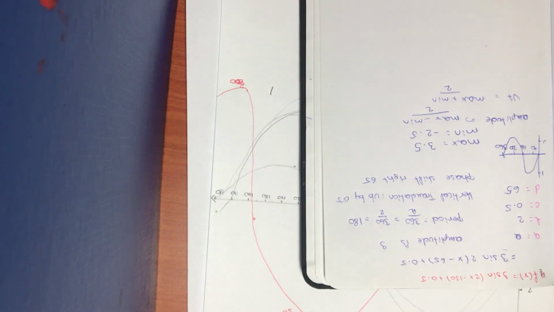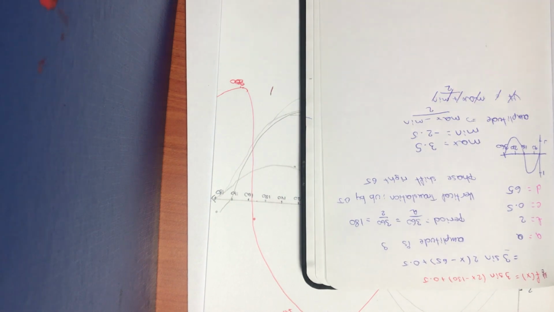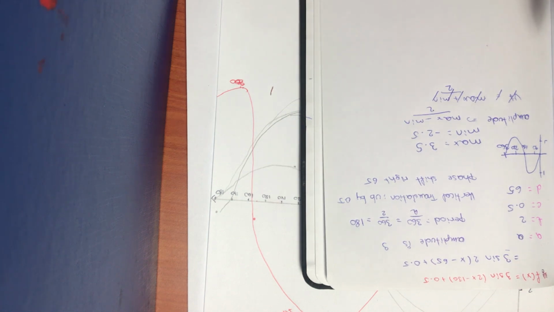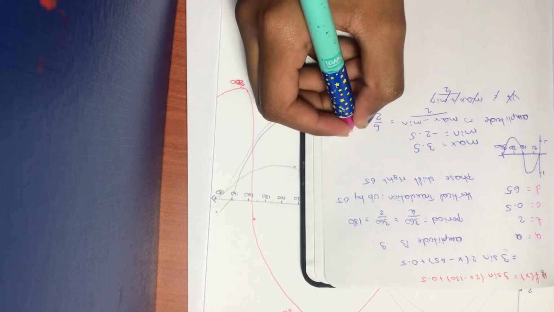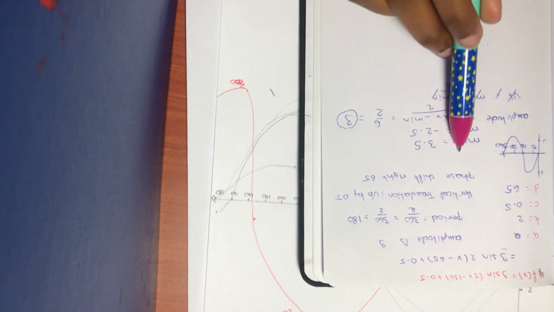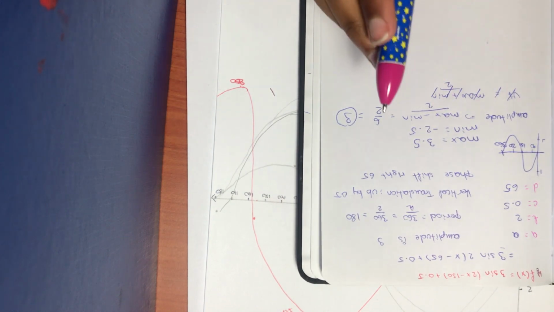So my amplitude is 3.5 minus min, but it's already a minus, so it's plus 2.5, equals 6 divided by 2, which is equal to 3. So I have my max, my min, and my amplitude.